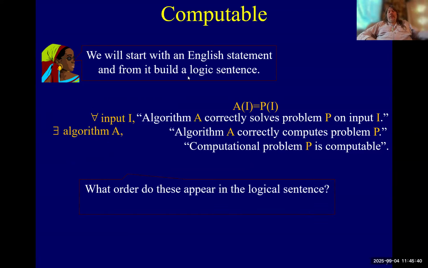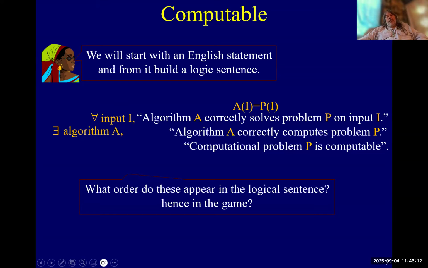And so now we want to write this sentence in first order logic, right? So we either say for every input there exists an algorithm, or we say there exists an algorithm for every input. And that's a place where people struggle with understanding the difference between those. So one thing I really do want you to learn is the difference between for every input there's an algorithm versus there's an algorithm for every input.